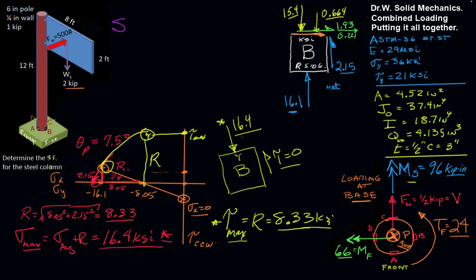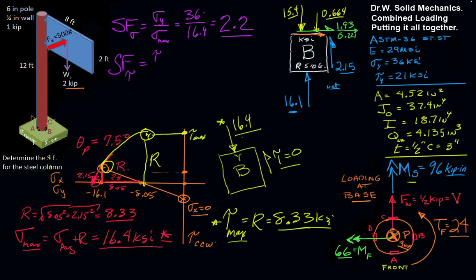With that, we can now complete our safety factor computation. Our safety factor for compressive stress will be the compressive yield of the steel divided by the maximum that we experienced in our beam, and that's 36 KSI over our 16.4, which gives a safety factor of 2.2 based on compressive stress. And we have a safety factor based on the shearing stress.